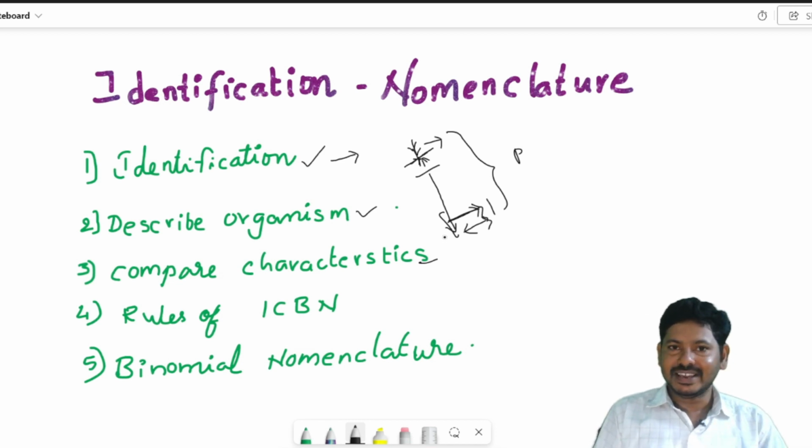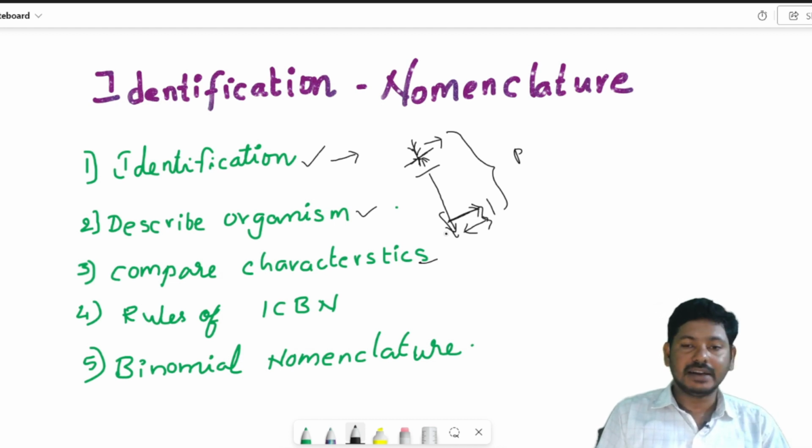So we can easily give the name. But when we give a name to a new plant, we should follow the rules or principles of ICBN, the accepted or agreed principles.